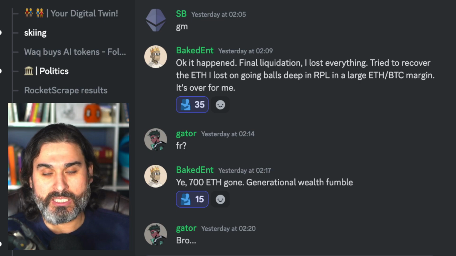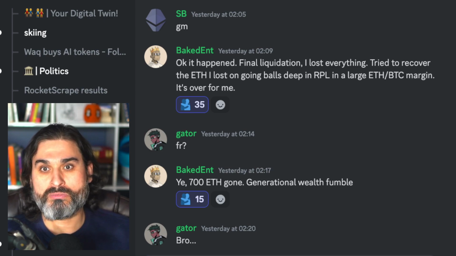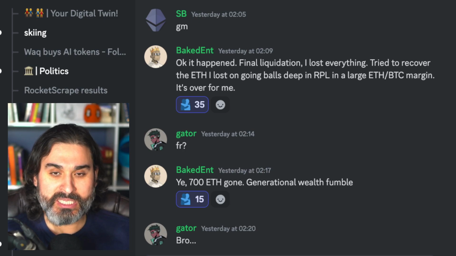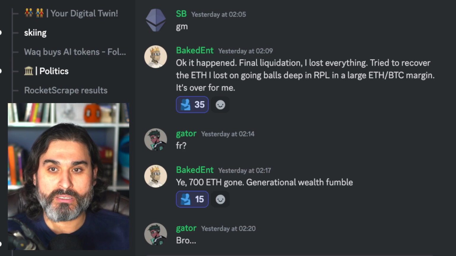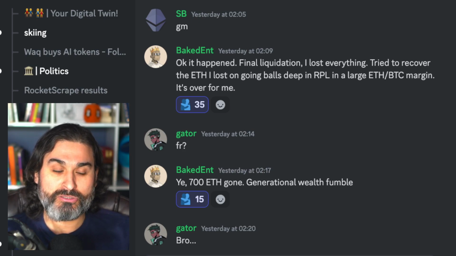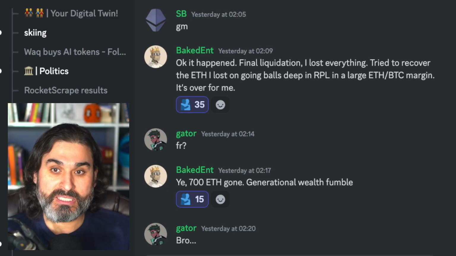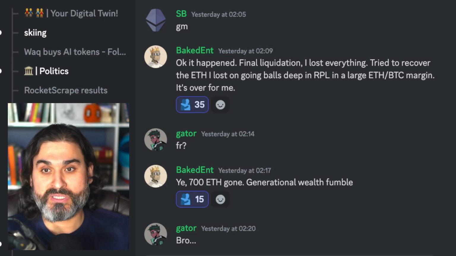BakedEnt basically started validators, I guess, and bought some RPL. With the RPL position, he lost ETH value as RPL price went down compared to ETH. Then he tried to chase those losses to make them back by opening a leverage position of ETH against the BTC ratio. The idea was that ETH would go up against BTC. Of course, recently it's been bleeding down really badly over the last few months, over the last few years even.